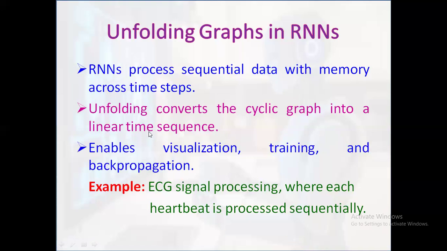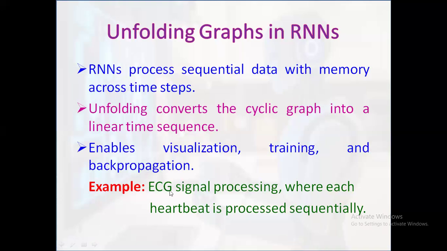Each copy represents the network at a specific time instant, and it enables visualization, training, and backpropagation. By converting the cyclic graph into a linear structure, unfolding makes it easier to visualize how information flows through time. This transformation also enables the application of standard training algorithms such as backpropagation through time, making learning computationally feasible.